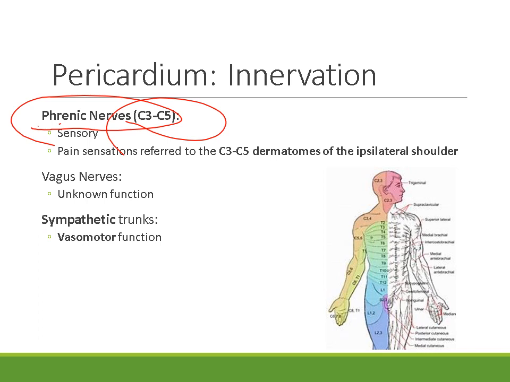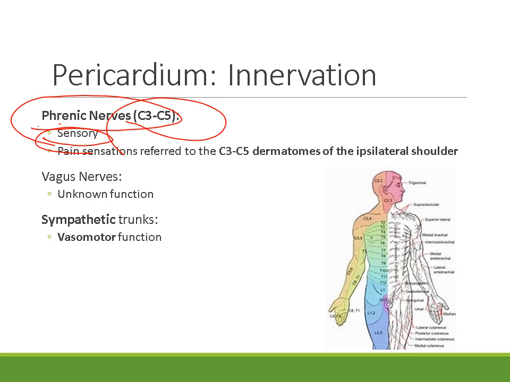The C3 through C5 spinal nerves give us branches that turn into the phrenic nerves, and those phrenic nerves carry afferent sensory fibers from the pericardium. So if there's too much stretching of the pericardium, or too much pressure put on the pericardium, then we feel that as pain sensations that are carried up through the phrenic nerve.